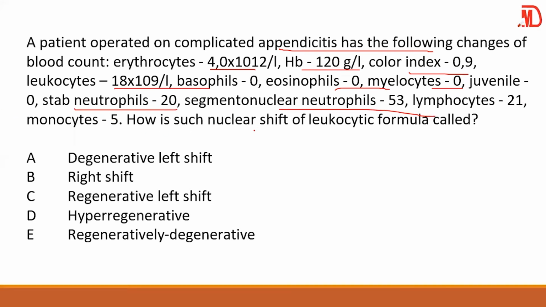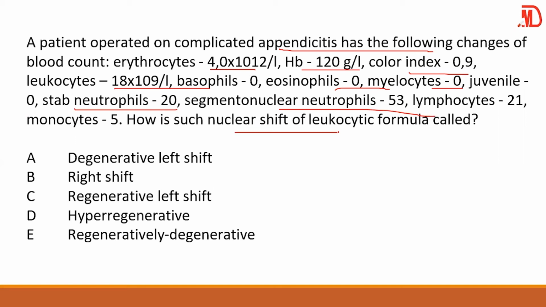How is such nuclear shift of leukocytic formula called? Guys, we have talked about the types of shifts in our previous presentation. Please do well to watch the video where we talked about the generative shift and the degenerative shift.